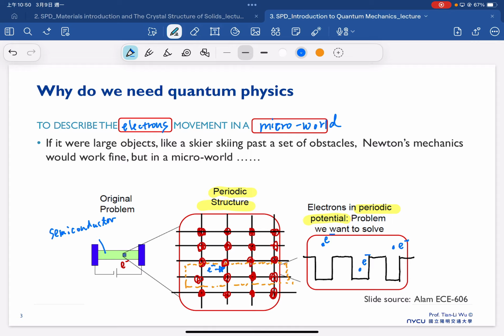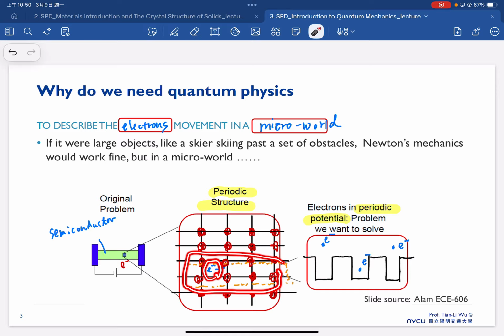So this is exactly the problem that we want to solve. Let me restate again: electrons moving in the material can be considered as an electron moving in one periodic structure, like here with many atoms periodically in this lattice.